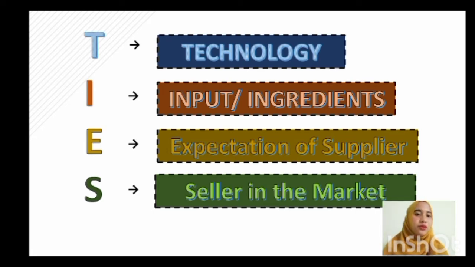Okay, so the S is the sellers in the market. This one will talk about the number of sellers in the market. What will happen if the sellers in the market decrease or increase? Will the quantity supplied and the own price be affected by it? We will talk about it later.